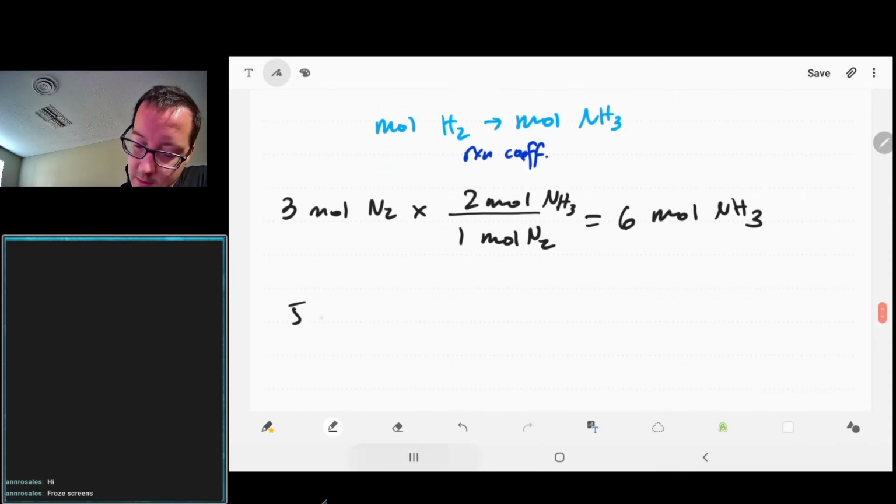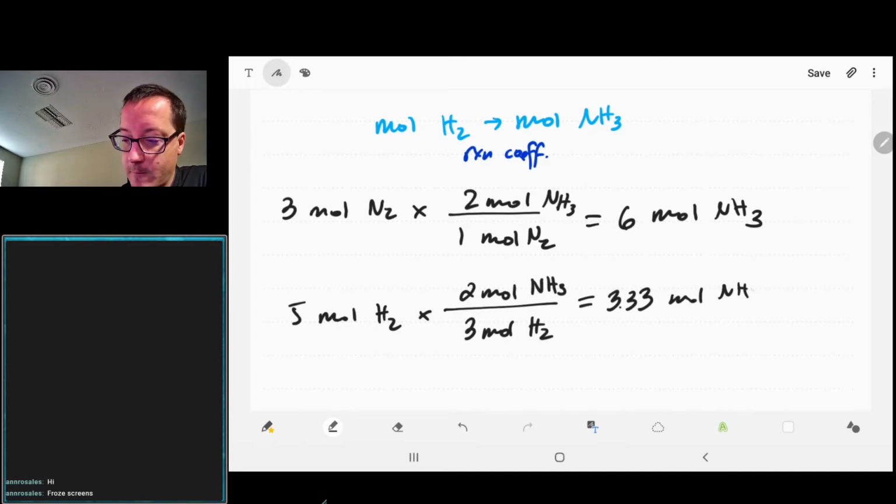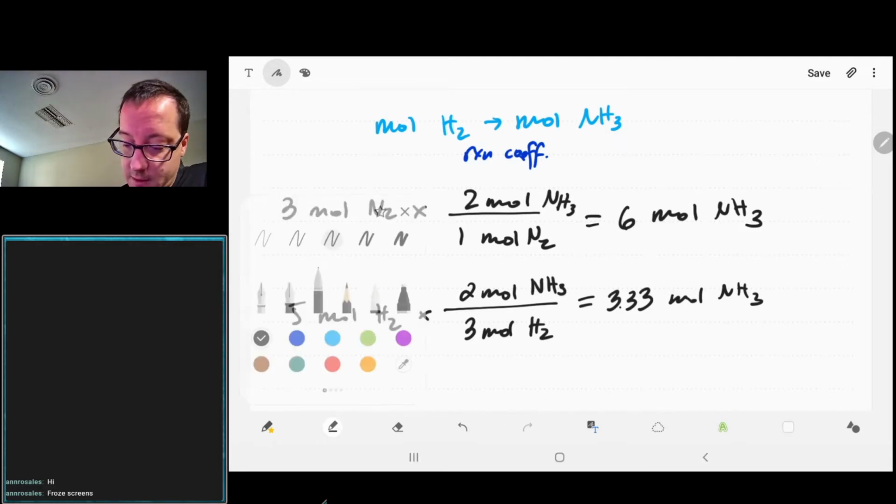With our hydrogen, we're going to do a separate one. And here we get, let's see, 10/3 is 3.3. Alrighty, and so what you want to do is you're always going to choose the smallest one.